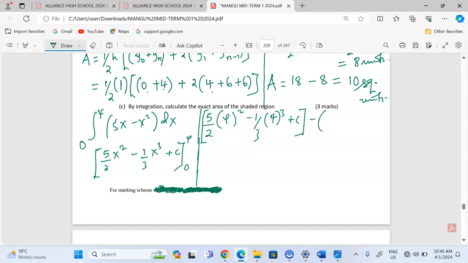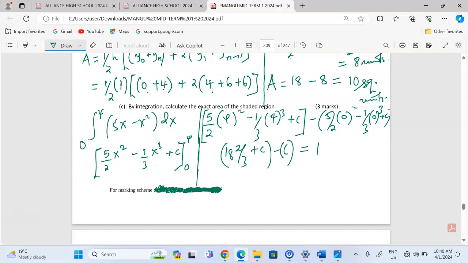Then we subtract what we get when we substitute 0: 5 over 2 times 0 squared minus a third times 0 cubed plus c. This is going to be 18 and 2/3 square units plus c minus c, so we get exactly 18 and 2/3 square units.